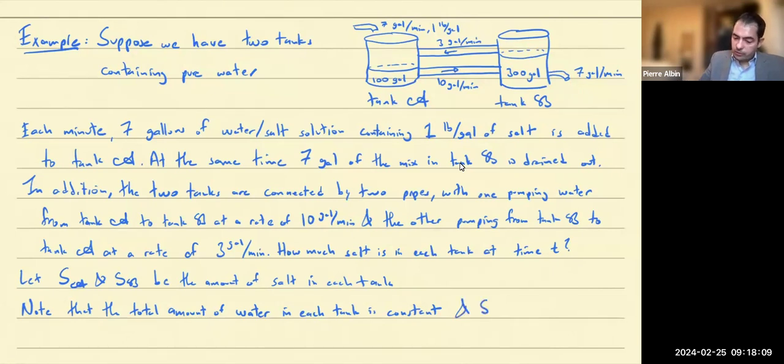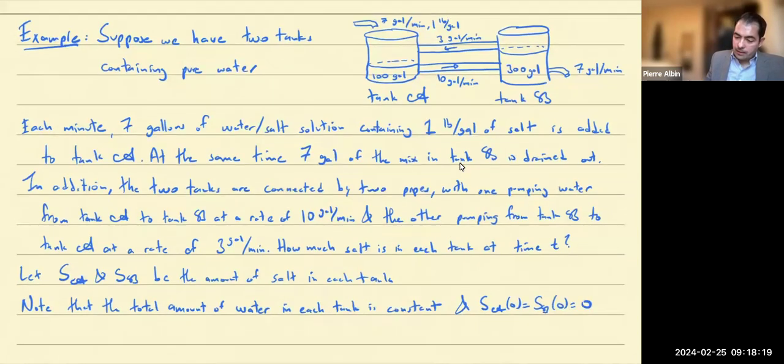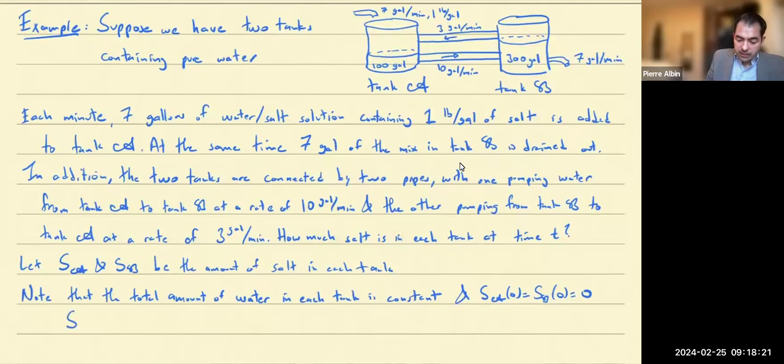Also, since we were told that we started with pure water, S_A at time 0 and S_B at time 0 are both equal to 0. Now, staring at the picture, we see that the change in S_A is 7 gallons per minute of water times 1 pound of salt per gallon, plus 3 coming in from tank B. So that's 3 gallons per minute of water.